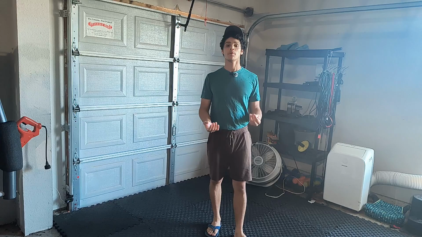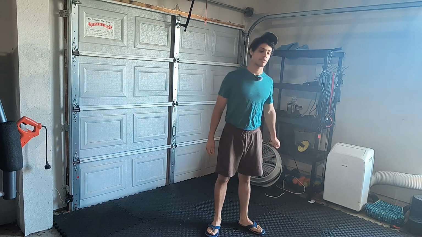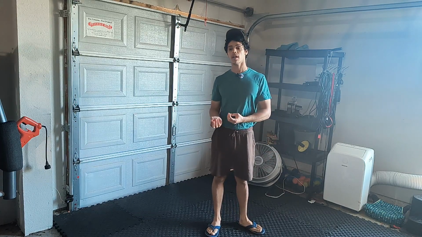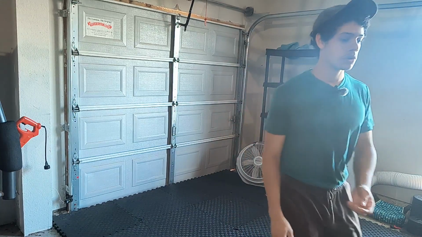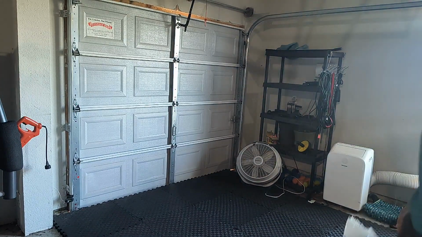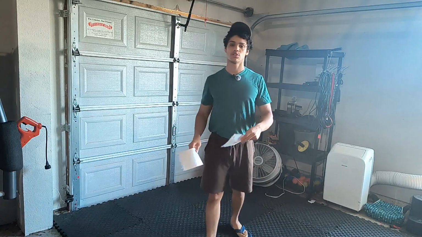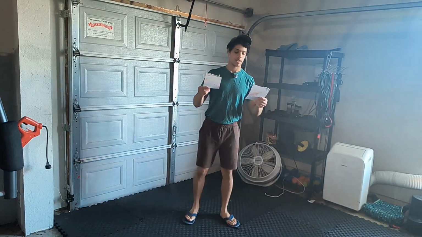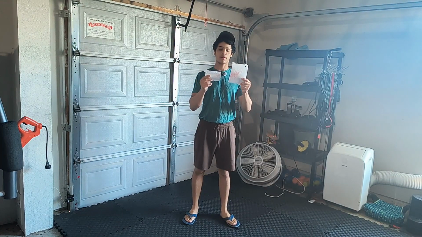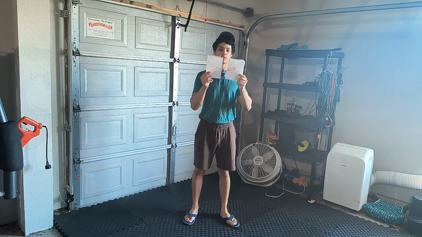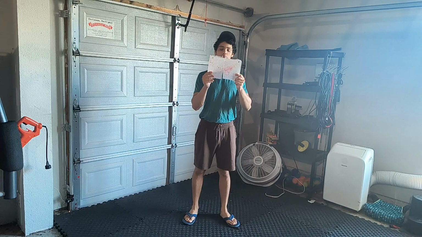Another example of a fraction: if I have a whole piece of paper and I split it into two pieces, I'm going to have two fractions. Because together they make one whole piece of paper. They're equal sizes.